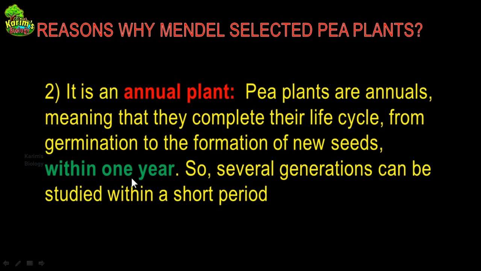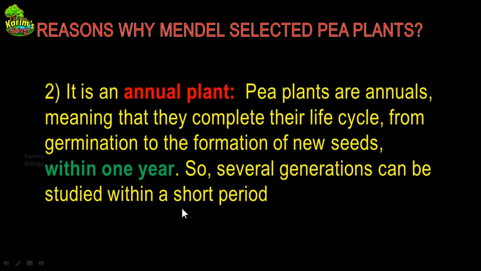So you need not wait for 2 years or 3 years or 4 years for the result after completion of the experiment. Only within 1 year you are able to get the result. So this is probably the reason. The advantage is that when the plant completes its life cycle within 1 year, several generations can be studied within a short period.